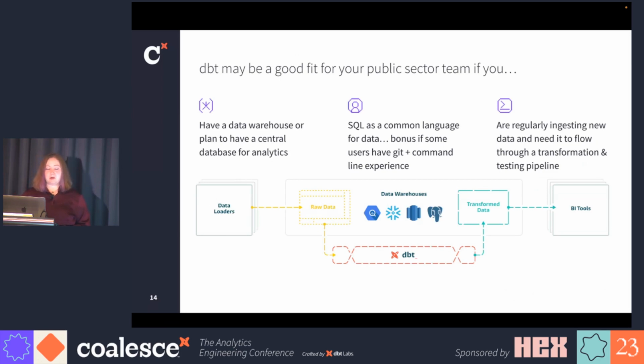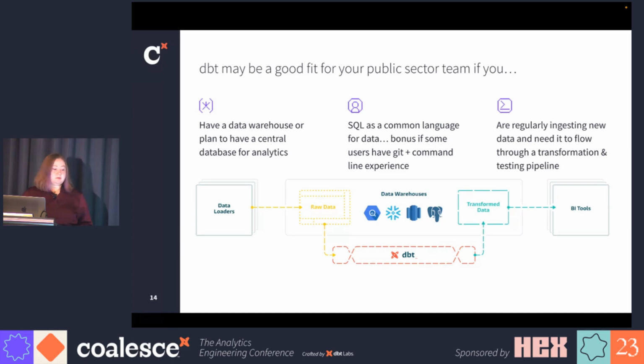It's not right for every org. DBT is only really going to be useful for your city or state data team if you meet these 3 criteria. So if you meet it, then I strongly encourage you to consider it. If not, then it's probably not going to be so useful for you. So first, you want to have a data warehouse or plan to have a data warehouse or some kind of central database that you're using for analytics.